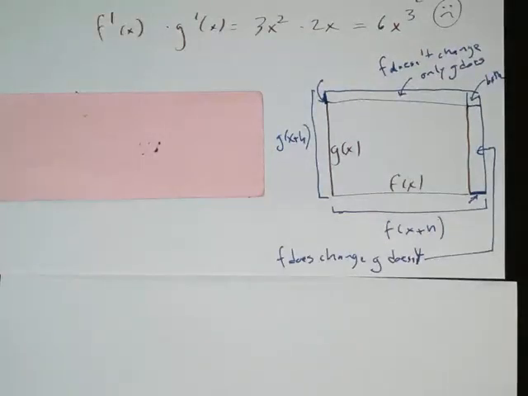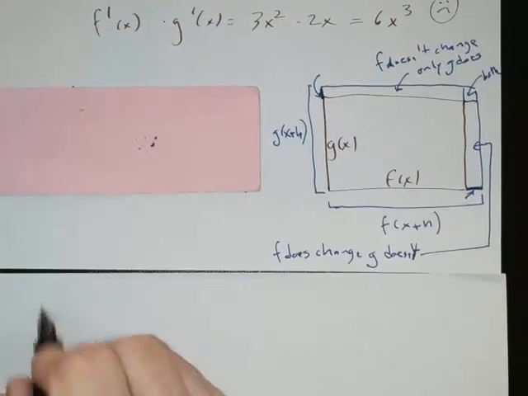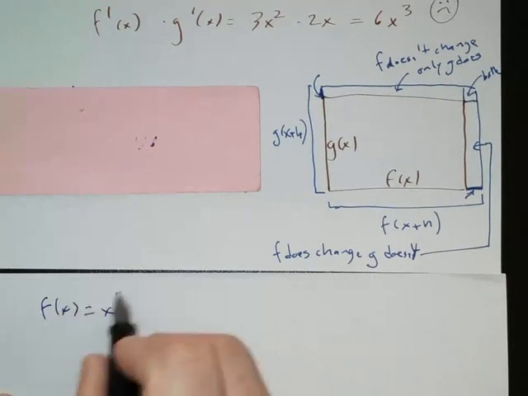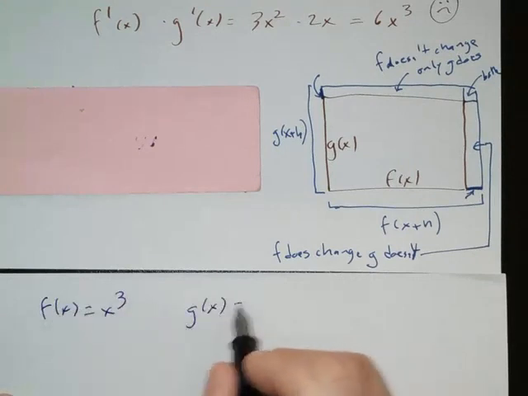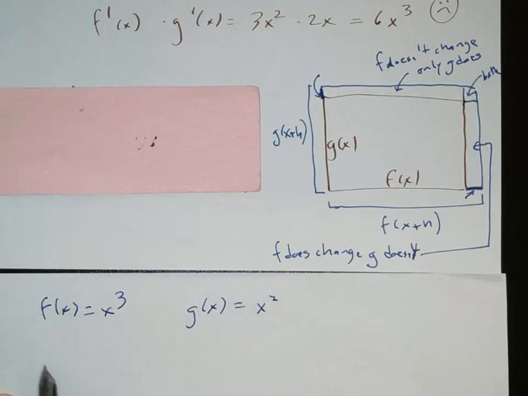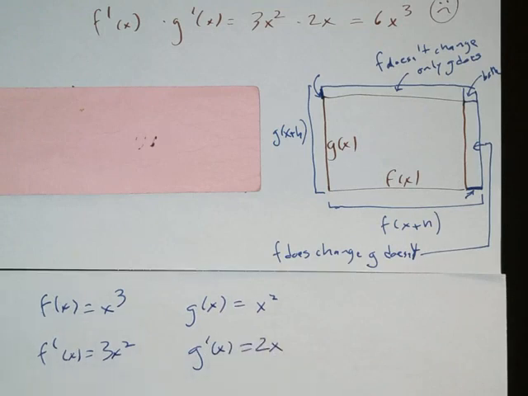So let's consider a mix and match idea. We started with these two functions, and their derivatives were 3x squared and 2x respectively. I want to mix and match one regular function and one derivative.